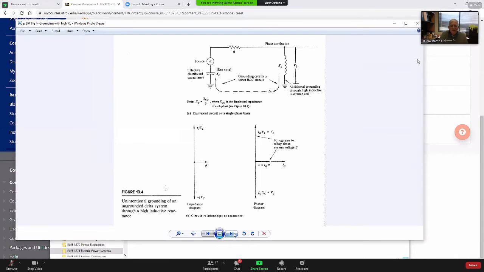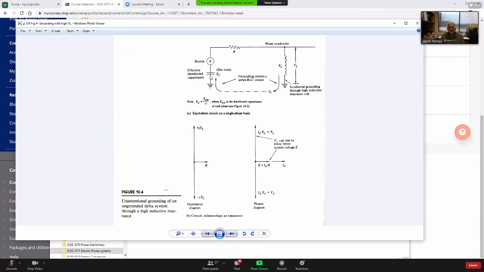So now here are some of the disadvantages of the ungrounded systems. They are related to distributed capacitance. And if we have grounding through a high inductance, for example, a motor, then we can have a resonance. The resonance means that these two reactances cancel each other.